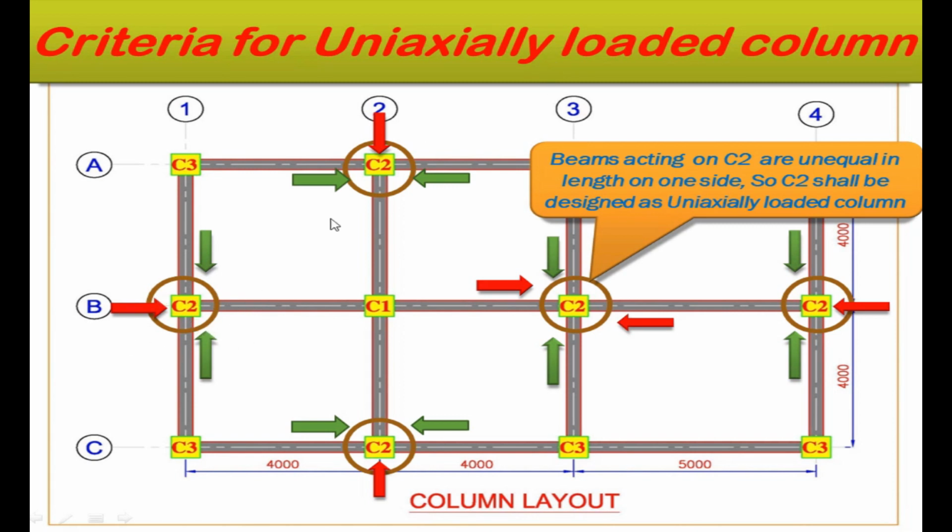Same for the similar cases from here and here as well: the load acting on these two sides will not be equal, so the moment will be created on this one axis, and these two sides will be equal because the length of the beam is 4 meter on either side. Beams acting on C2 are unequal in length on one side, so C2 shall be designed as a uniaxially loaded column.